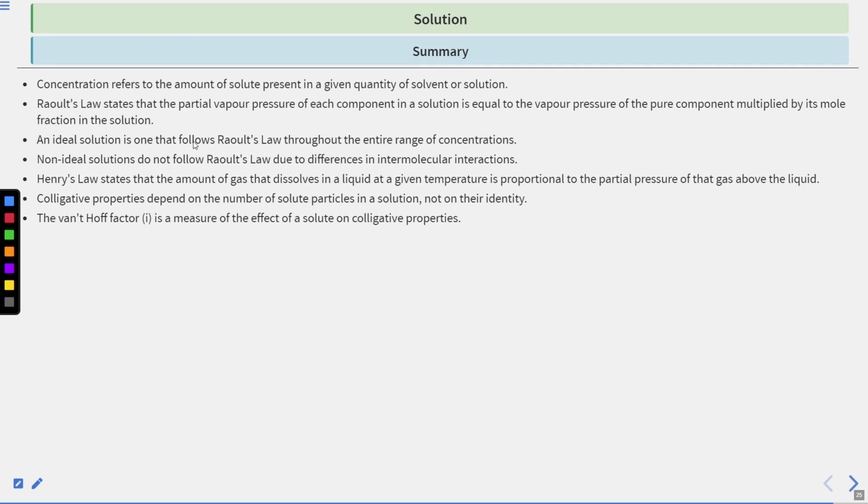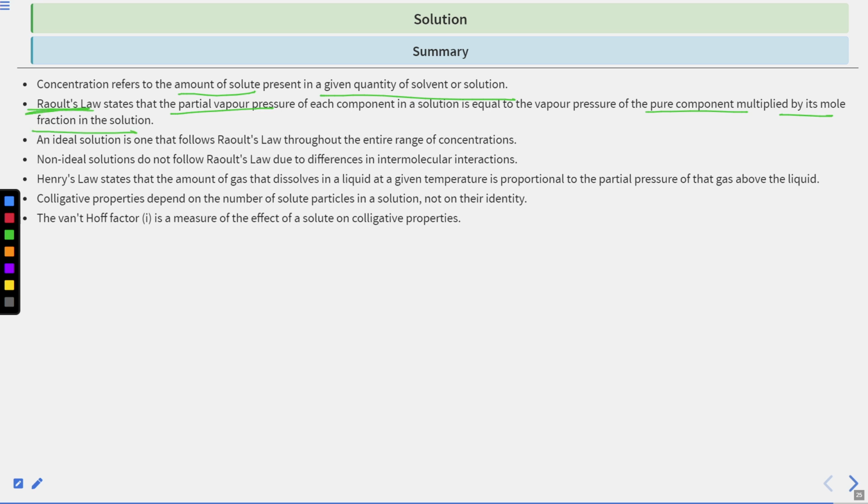Okay, so now we are at our summary slide. It contains whatever we have covered. Concentration refers to the amount of solute present in a given quantity of solvent or solution. Raoult's law states that the partial vapor pressure of each component in a solution is equal to the vapor pressure of the pure component multiplied by its mole fraction in the solution.